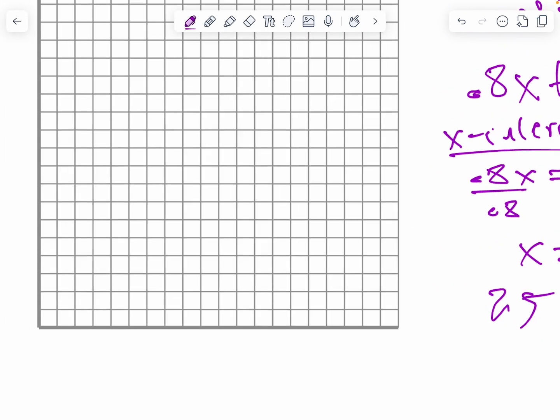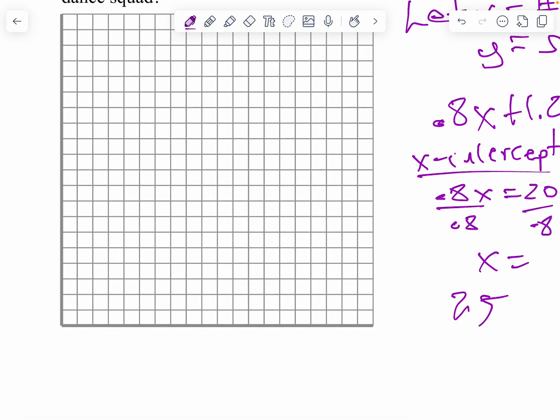So let's count by twos. So here's my bottles of water. There's 2, 4, 6. I'm going to make this bigger.